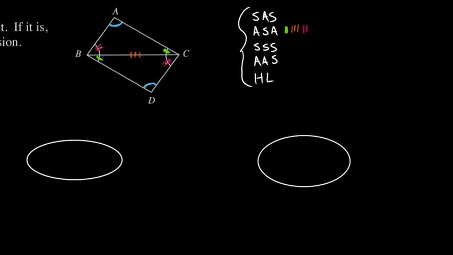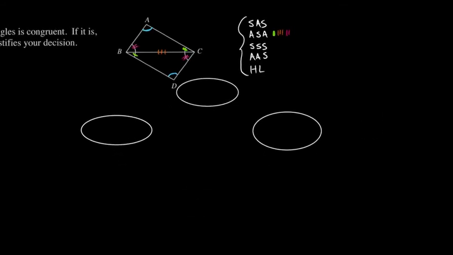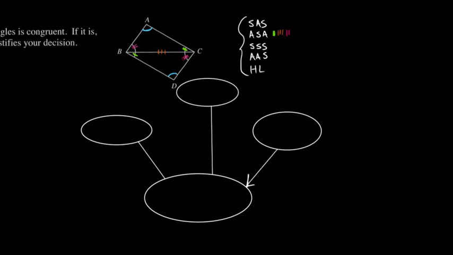We're going to have to use the reflexive property to establish, actually that's not going to need an extra bubble, right? We can just say BC is congruent to BC by the reflexive property, so that's enough. And then we're going to come down here and we'll have enough information to say that therefore these triangles are congruent to each other. So this is going to flow to here, to here, to here. And I want to show the direction, so they're going this direction.